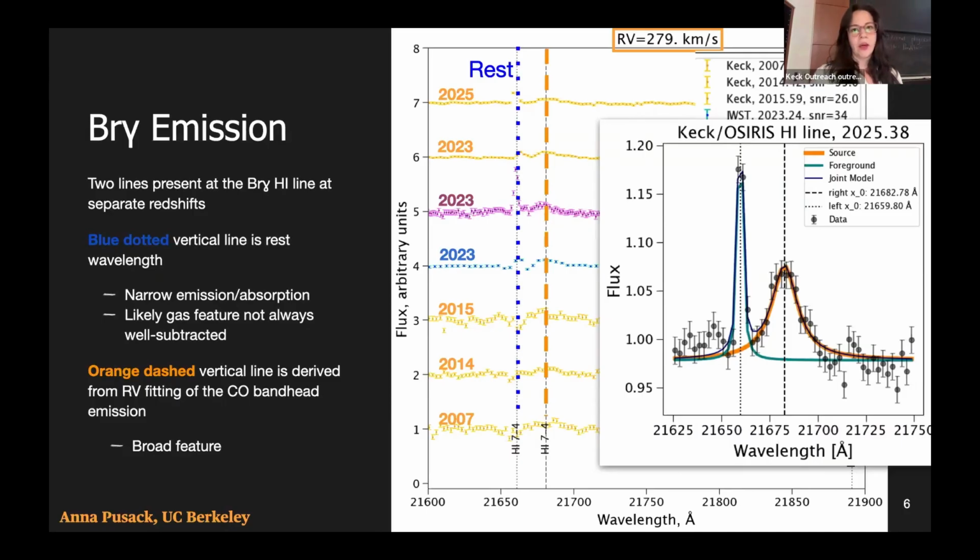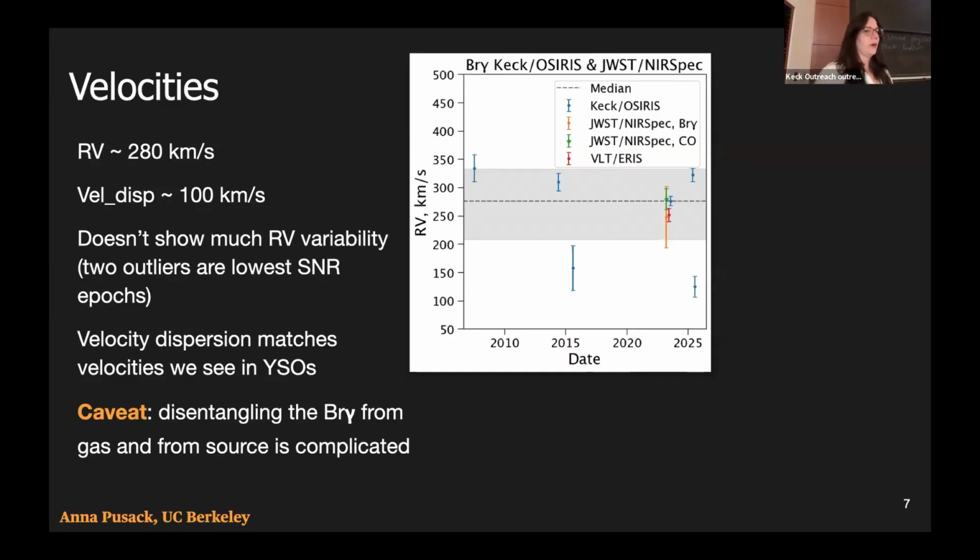So with these radial velocities, taking these with a grain of salt, since this is kind of hard to disentangle due to the ambient gas, we can see that there is a trend of about 280 kilometers per second in radial velocity, and there is some variation in the radial velocities that could indicate that it's a binary system, in which case we might explore some other avenues like low or high mass X-ray binaries, that sort of thing.